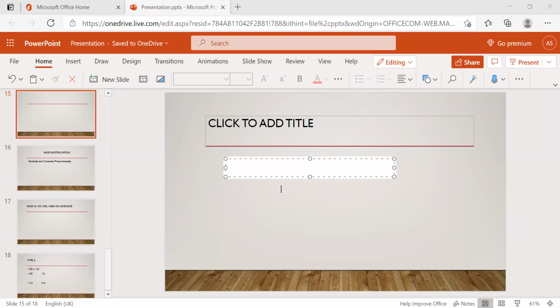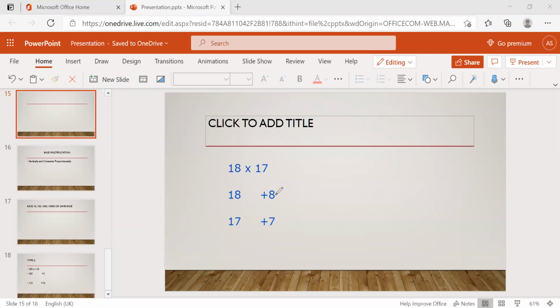Suppose, think 18 into 17. If they ask like this, then I write 18 like this and 17 here. It is plus 8 and this will be plus 7. So 8 is more, 7 is more, compared to 10. So the base value is 10.